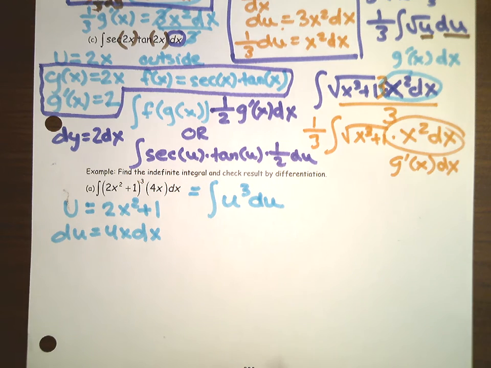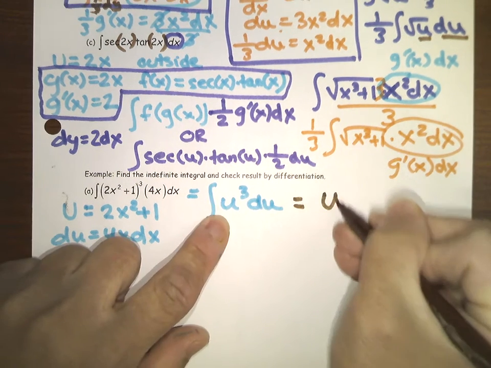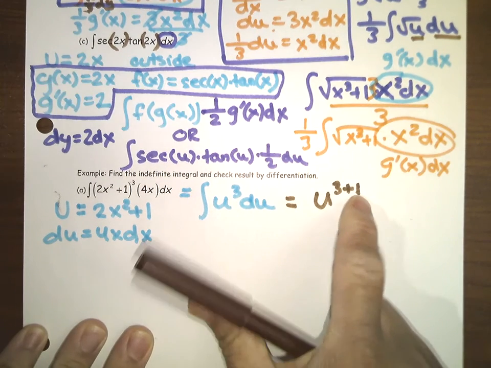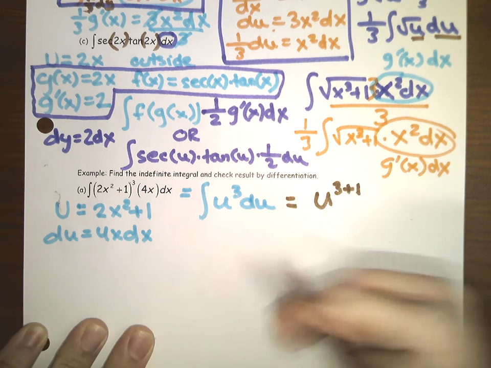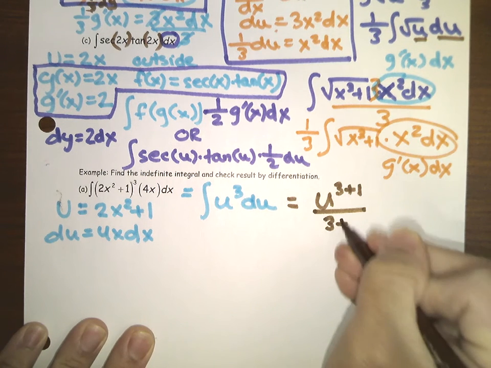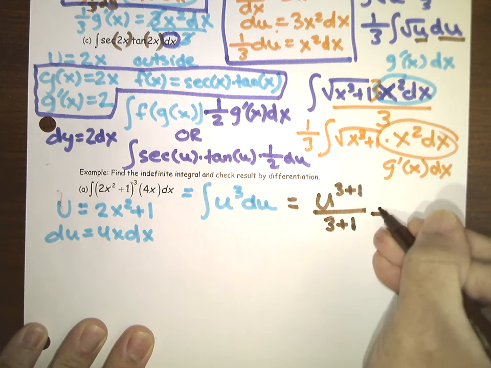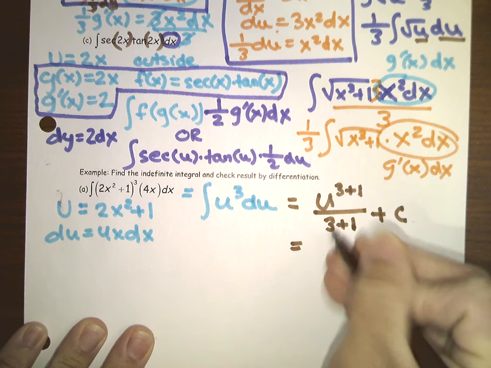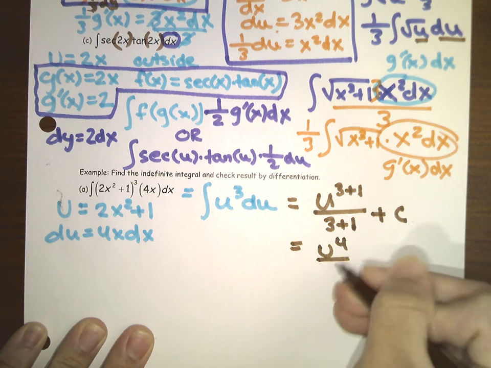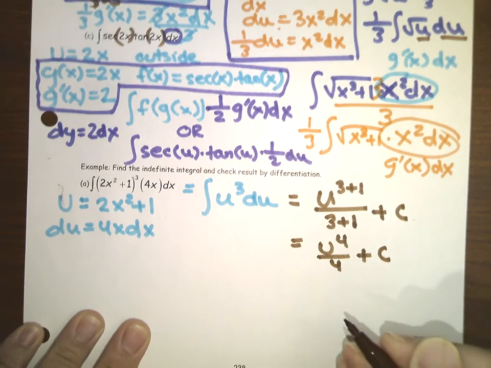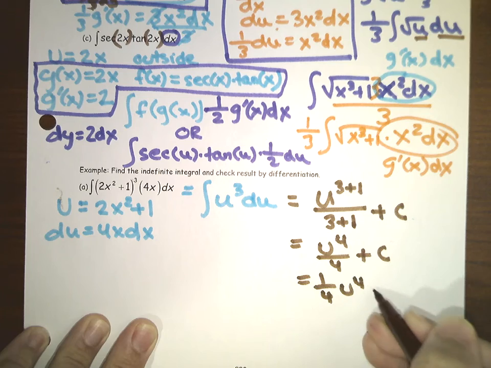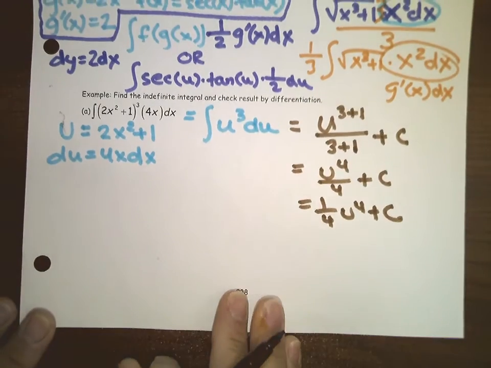So what I need to do is add 1 to the exponent. So that will be u to the 3 plus 1, and then divide by the new exponent, which is 3 plus 1, and then plus c. That's u to the 4 over 4 plus c. I usually like to write that as 1/4 u to the 4th plus c, in case there are any fractions that will make it difficult for me at the end.